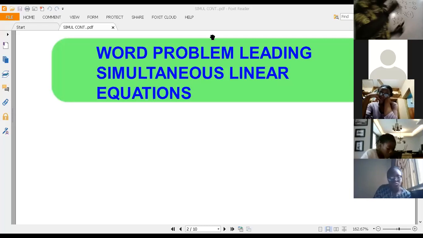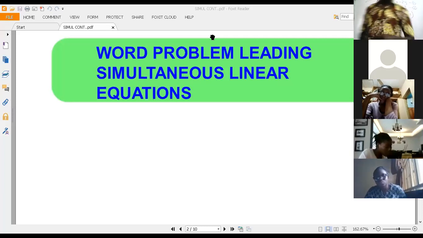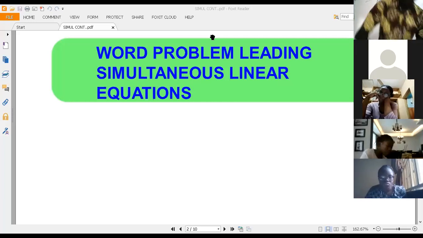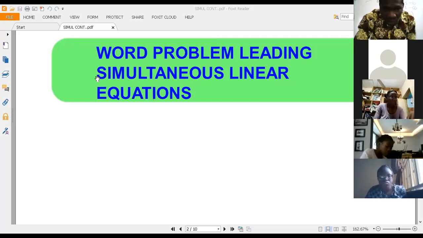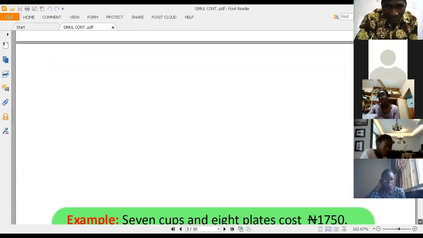Now, you realize that during the previous two lessons, we did something of the sort, word problems. You'll be given the challenge in words, and you'll be asked to form a quadratic equation from it, or rather a linear equation from it.